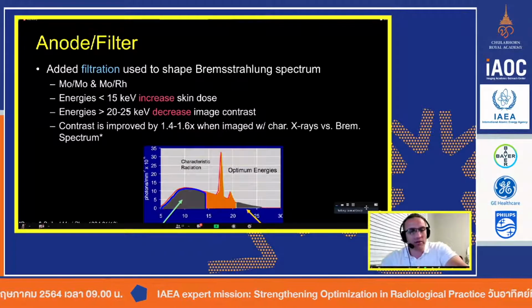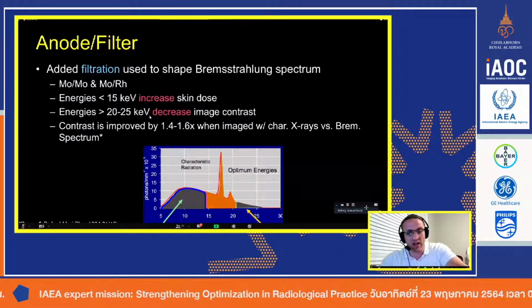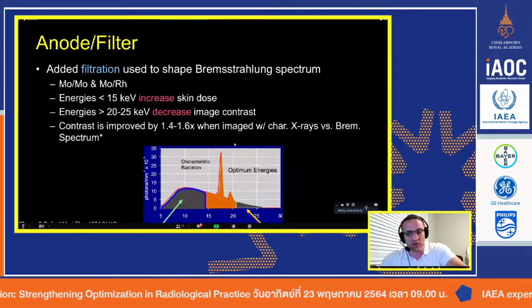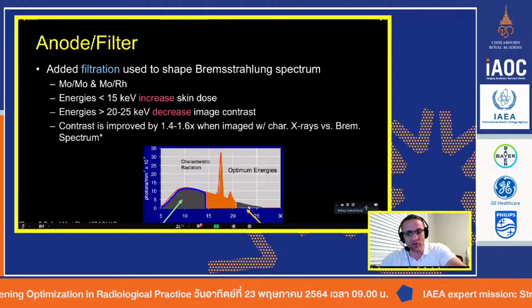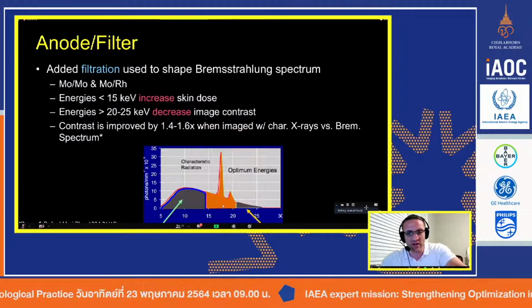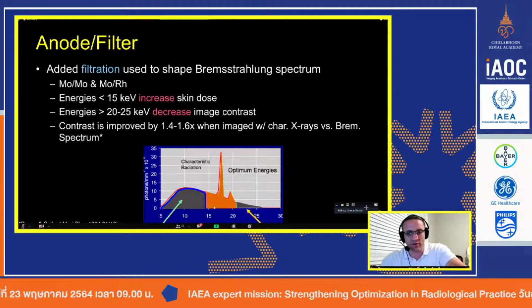And then all of the values over 20, anywhere in the range of 20 to 25 keV, have the tendency to decrease overall image contrast. So the filter we're going to choose is doing our best to remove these photons and focus on these photons as the primary photons to do imaging.